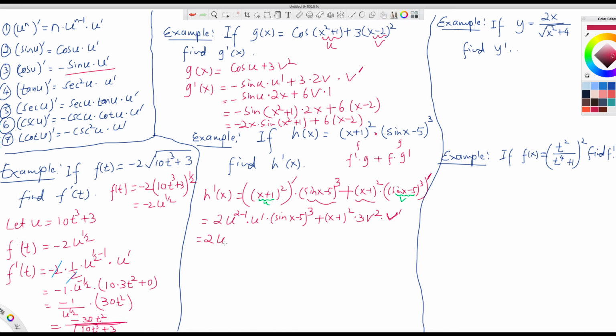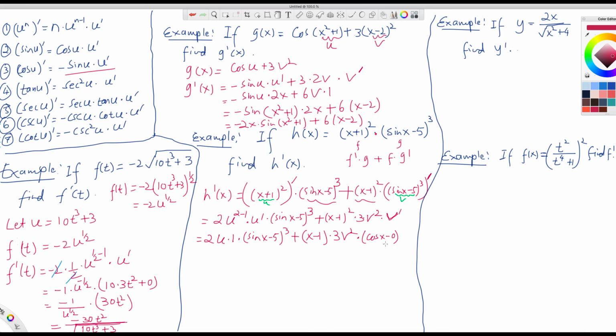So u, what is u prime? u is x plus 1, so the derivative of x plus 1 is 1 plus 0, which is just 1, times (sine x minus 5) to the third, plus (x plus 1) squared times 3v squared times v prime. What is v prime? v is sine x minus 5. The derivative of sine x is cosine of x, minus 0. That is the v prime.